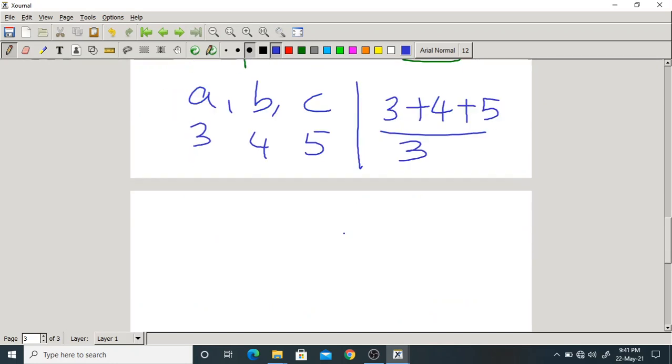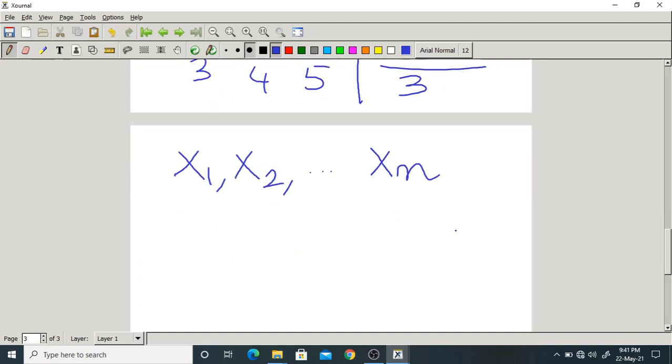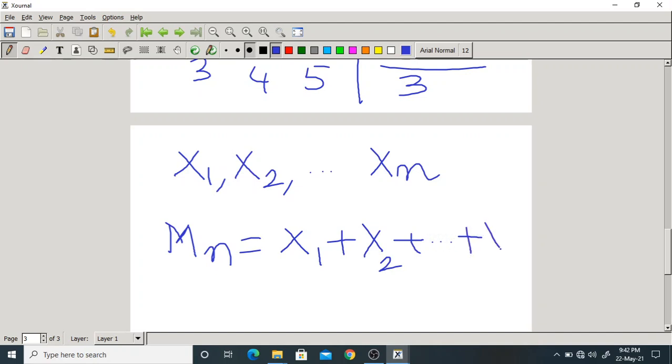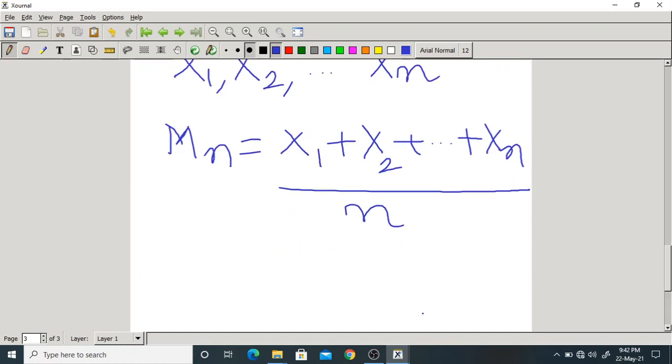Sample mean means, here we have n random variables which are IIDs. IID means independent and identically distributed. So what is the mean of these random variables? Obviously, the sum of all random variables x1 plus x2 plus xn, divided by the number of random variables. How many? n. So it is called the sample mean.